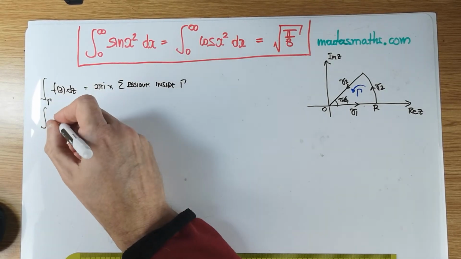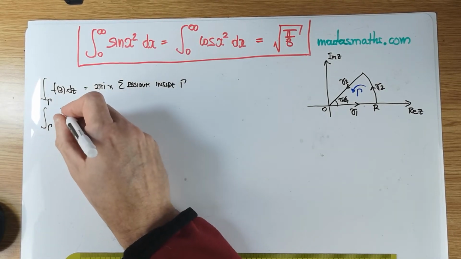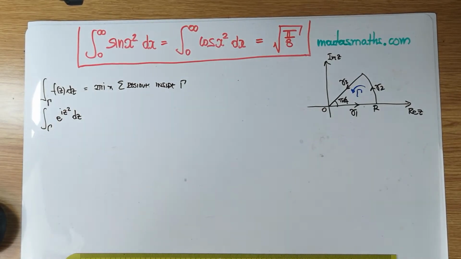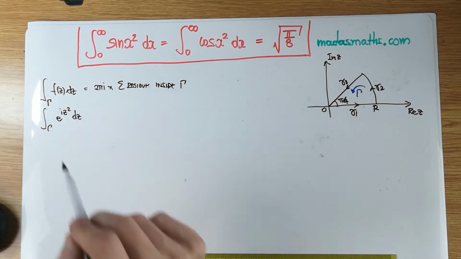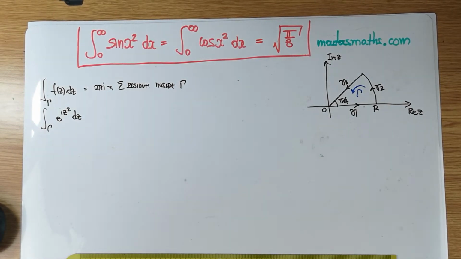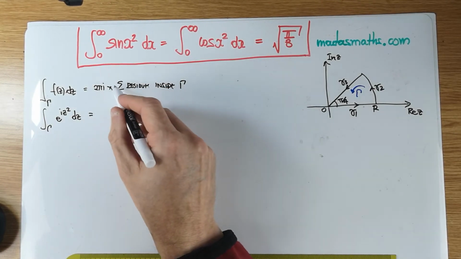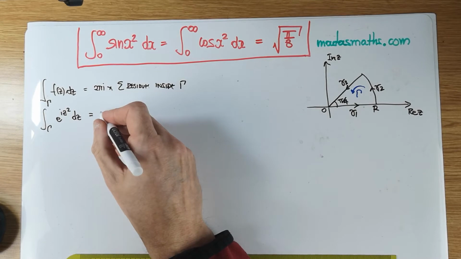So this is the integral around gamma of e to the i z squared dz. We notice our f of z has no poles inside gamma, and therefore the answer to this integral must be 0, because there's no residue, or by Cauchy's theorem, the answer is still 0.